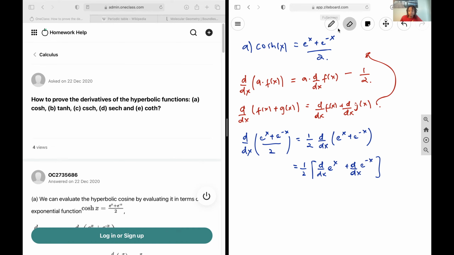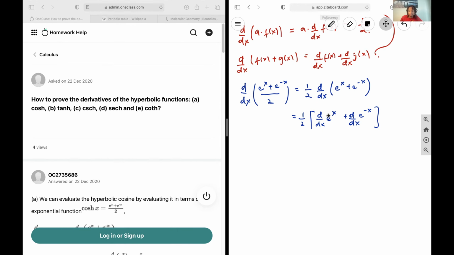And then next up, we're going to apply this derivative. It is quite easy to find. We know the derivative of e to the x is e to the x. And this one, we're going to use a chain rule to make it as easy to find as the other one, where we know dy over dx is equal to dy over du into du over dx.